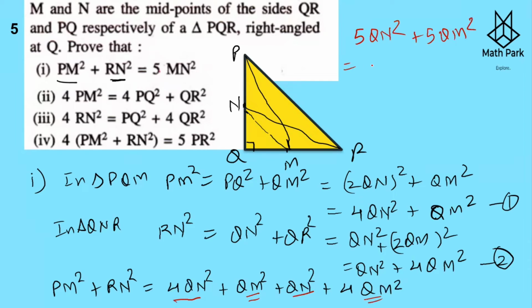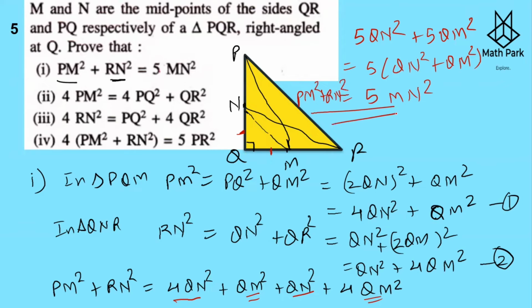So this is equal to 5 taken common: QN square plus QM square. And in triangle NQM, QN square plus QM square is nothing but MN square. So this is 5MN square. Thus we have proved PM square plus RN square is equal to 5MN square. Got it? We are done with the first part.